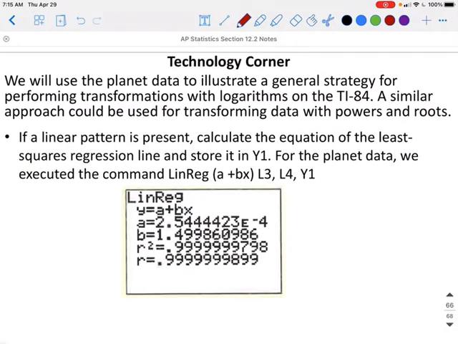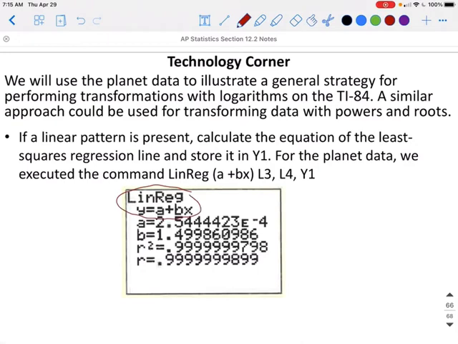If a linear pattern is present, we can calculate the equation for the least squares regression line and store it into y1. In this case, it was a power function and not an exponential, so we're going to use list 3 and list 4. So you go to your calculator, hit stat, go over to calculate, and calculate a linear regression in the form of a plus bx.